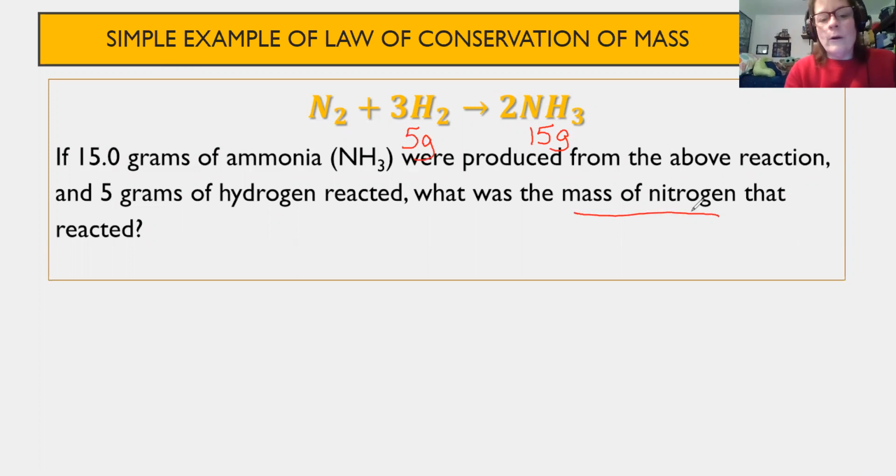Like I said, this is a very overly simplified example, but if you have 15 grams on this side and there's 5 of this reactant and you only have 1 reactant left, you're going to have to put some number here that's going to add together to create 15. So you would have to have 10 grams of nitrogen, add those together, and hey, look what you get, 15 grams. Again, this is an overly simplified example of how the law of conservation of mass works.